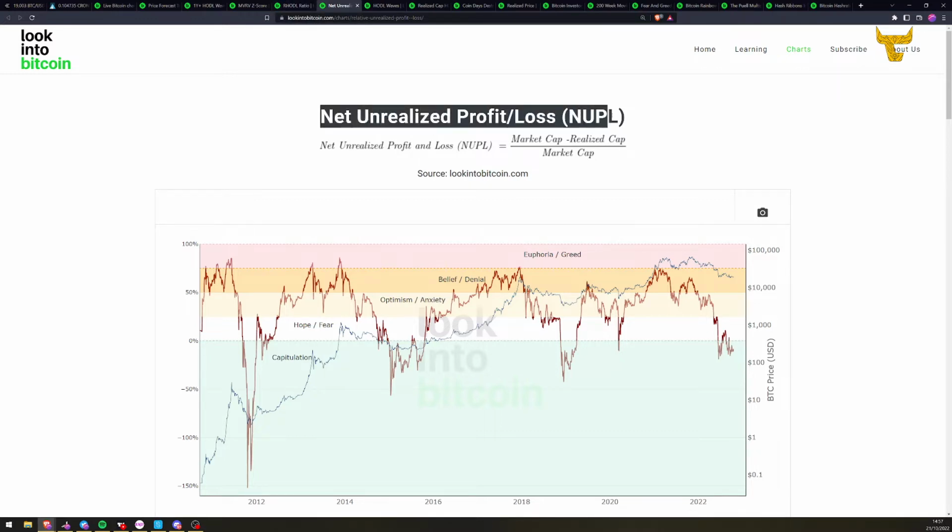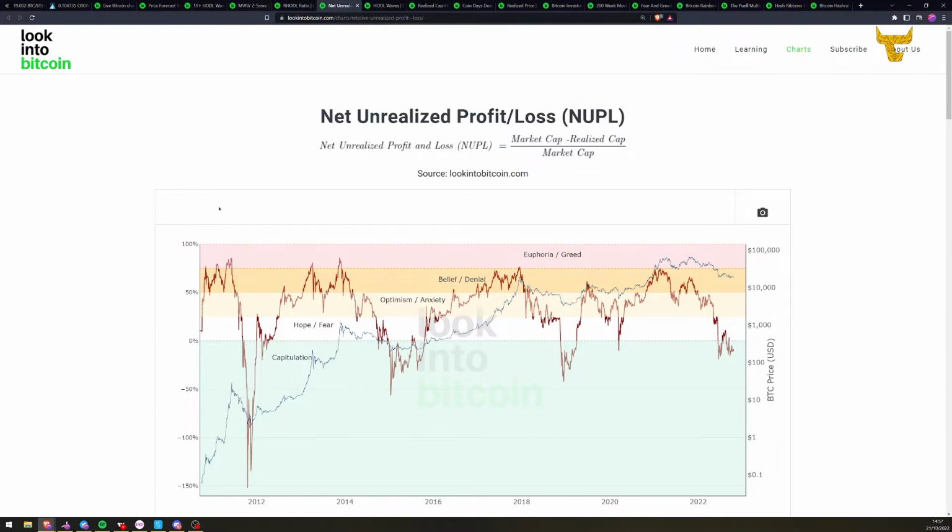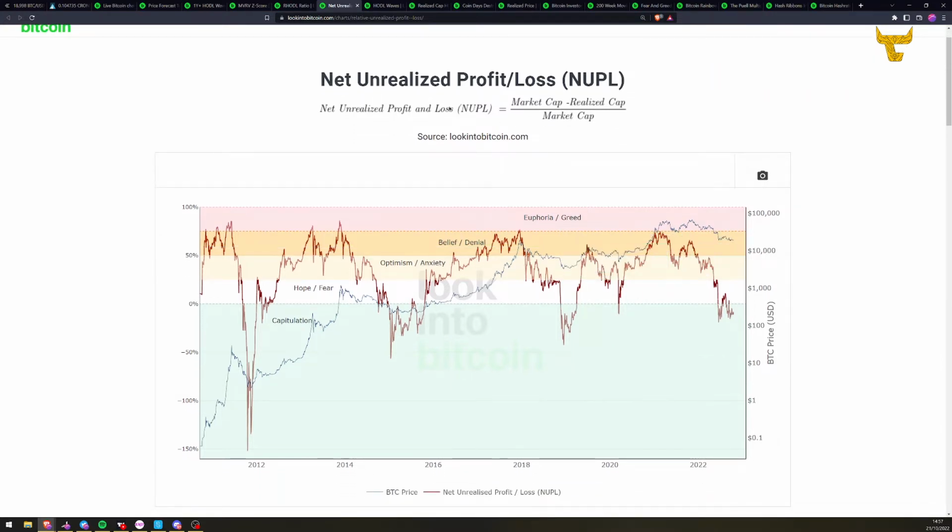So again, it simply means that there is more value being held than sold. Net unrealized profit and losses. Again, it shows a similar kind of idea. It's just that when we are below zero, there is more Bitcoin being moved at a loss than at a profit.